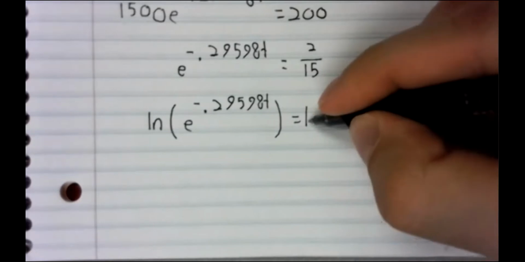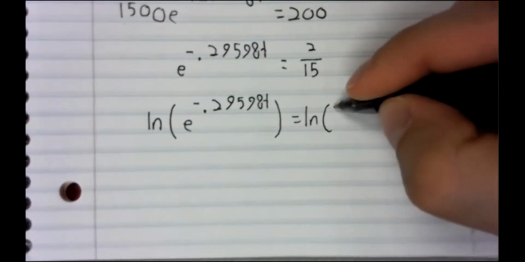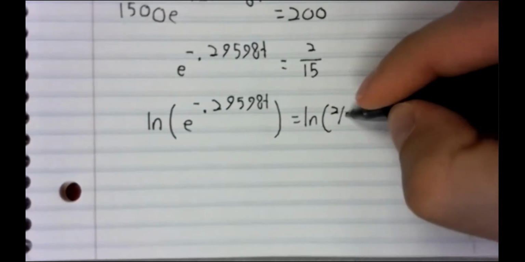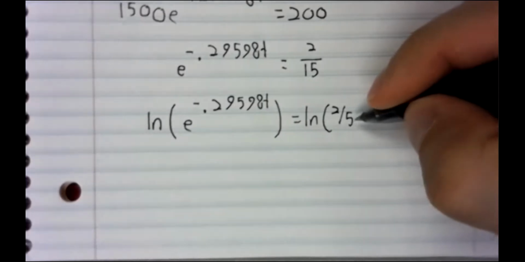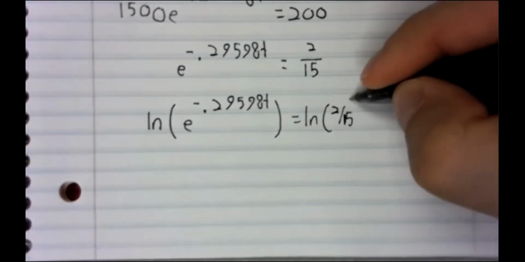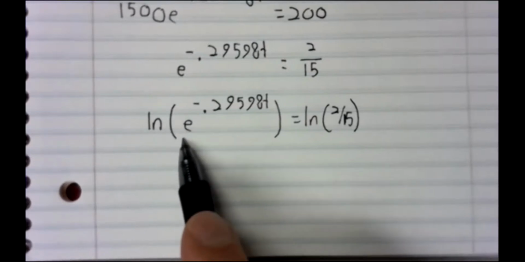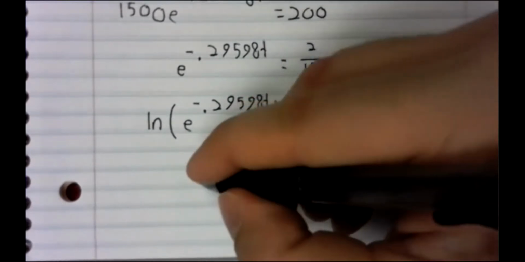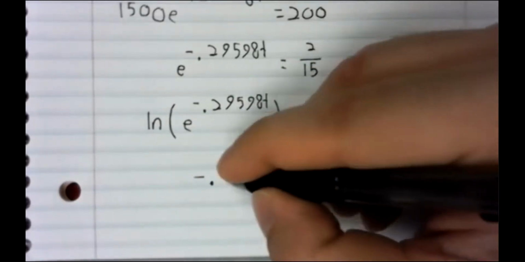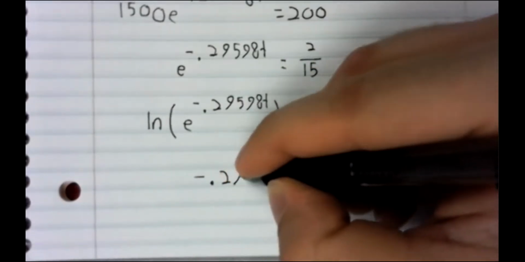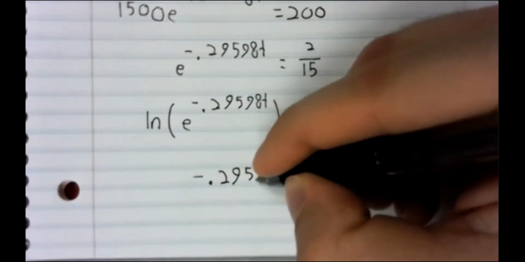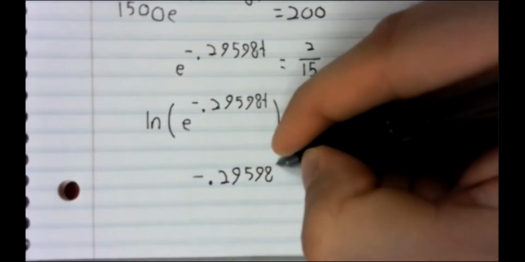But taking the natural logarithm, the logarithm and the base cancel, and you would just get cancellation.